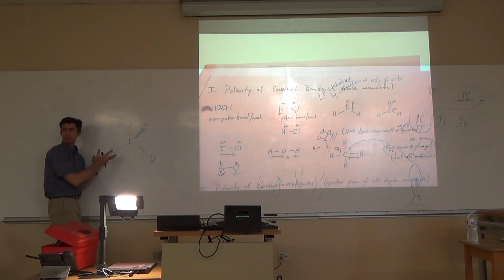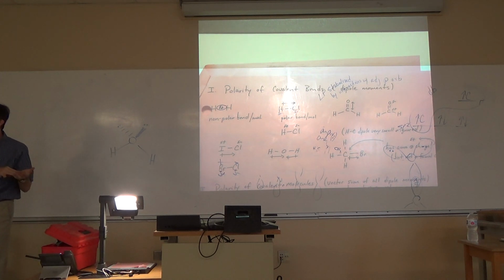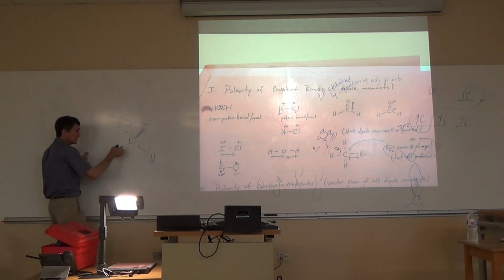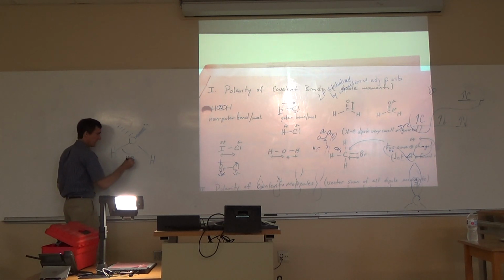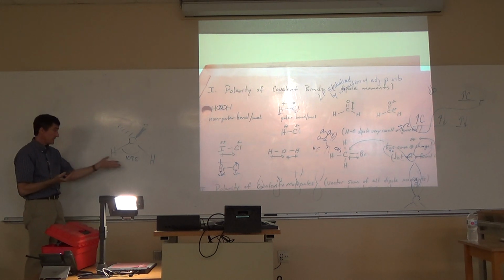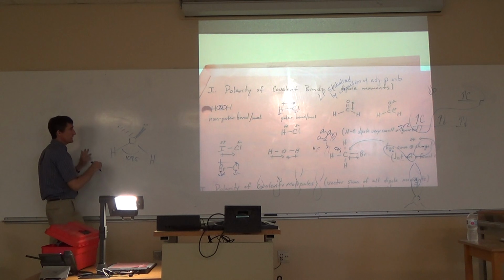I would never call this bent. I don't see how you can ignore lone pairs. I will never call this anything other than tetrahedral. That tells you that this bond angle is 109.5, and if you want to call it bent, I reckon it is bent, 109.5. But okay.